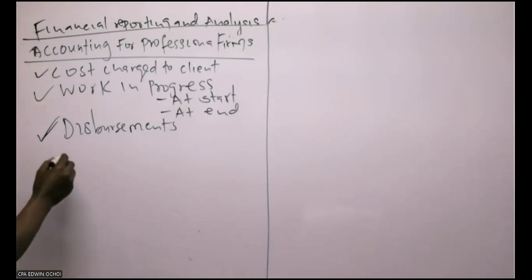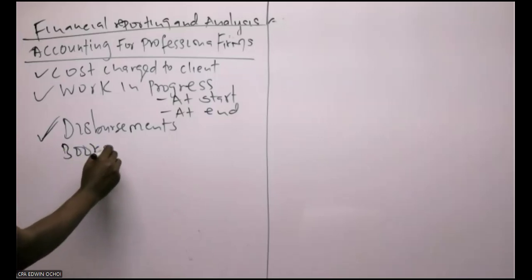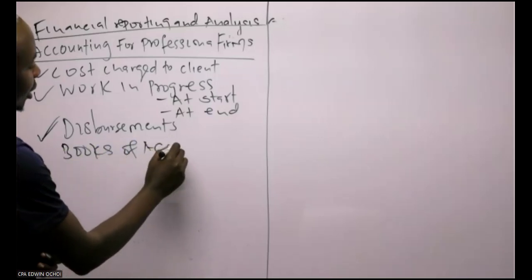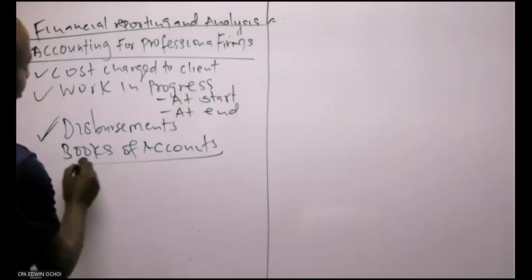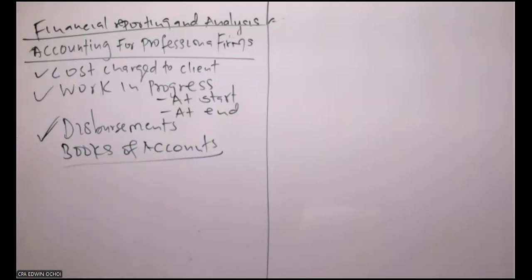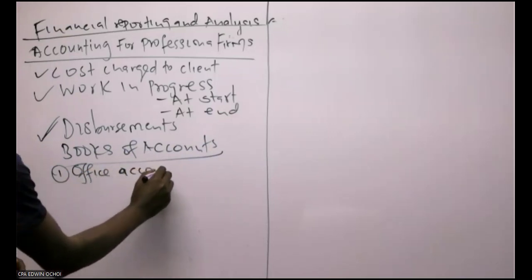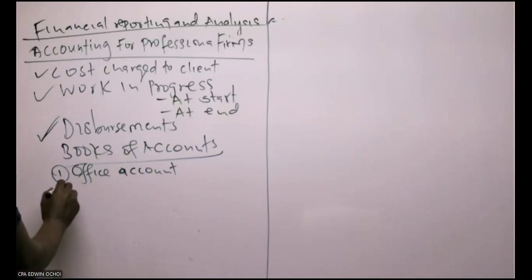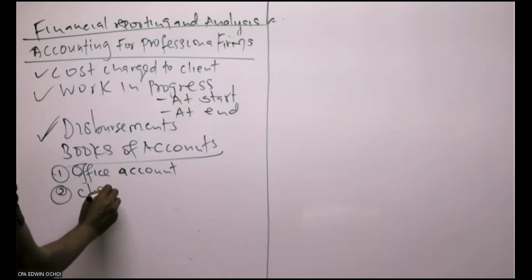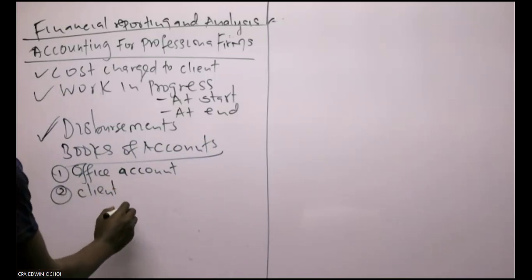Then statements and books of accounts maintained here. The books of accounts: number 1, we have the office account. Number 2, the client account.